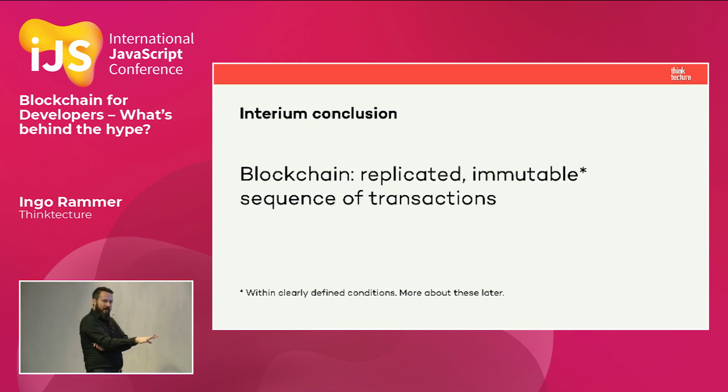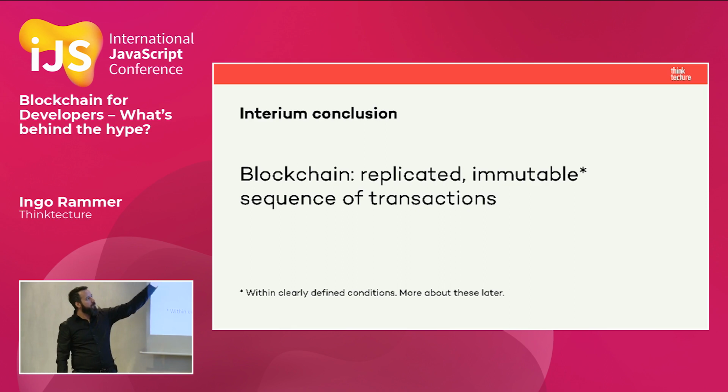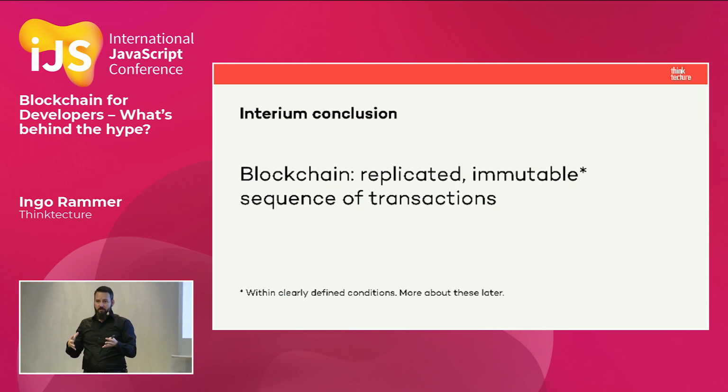Okay, so what we have now is the absolute bottom level of information and of topology of a blockchain. We have a replicated, immutable, within technical boundaries of course, sequence of transactions. Within technical boundaries means if 10 people here create a blockchain, and all of us agree, we could of course change any transactions in the past.